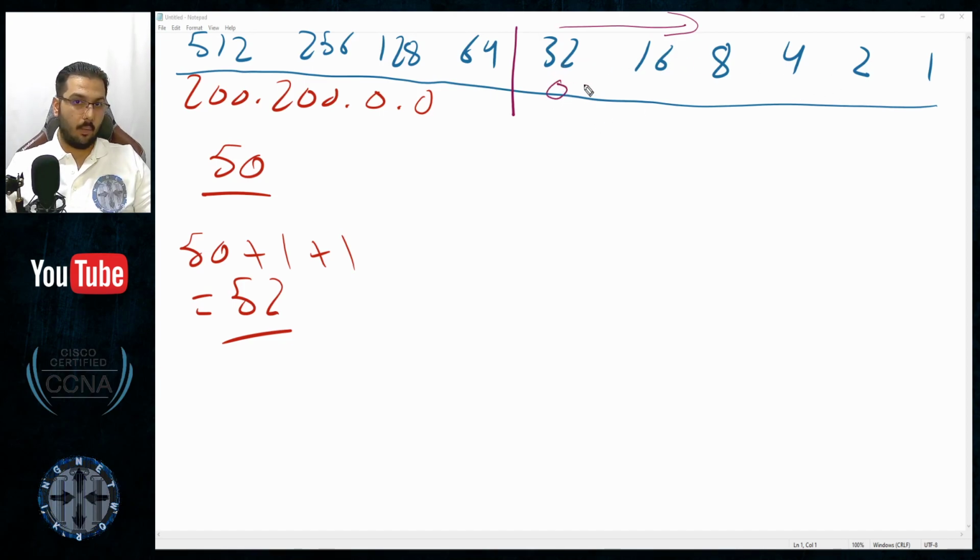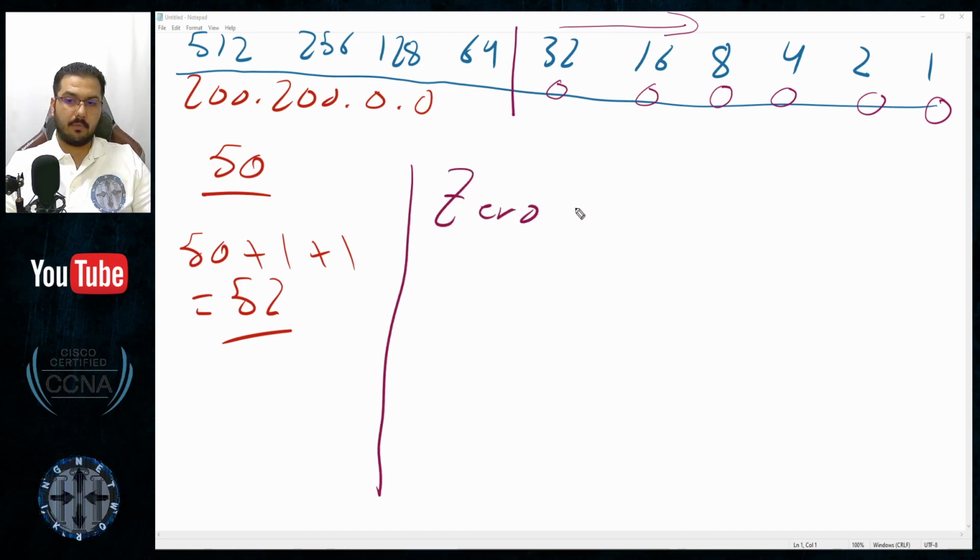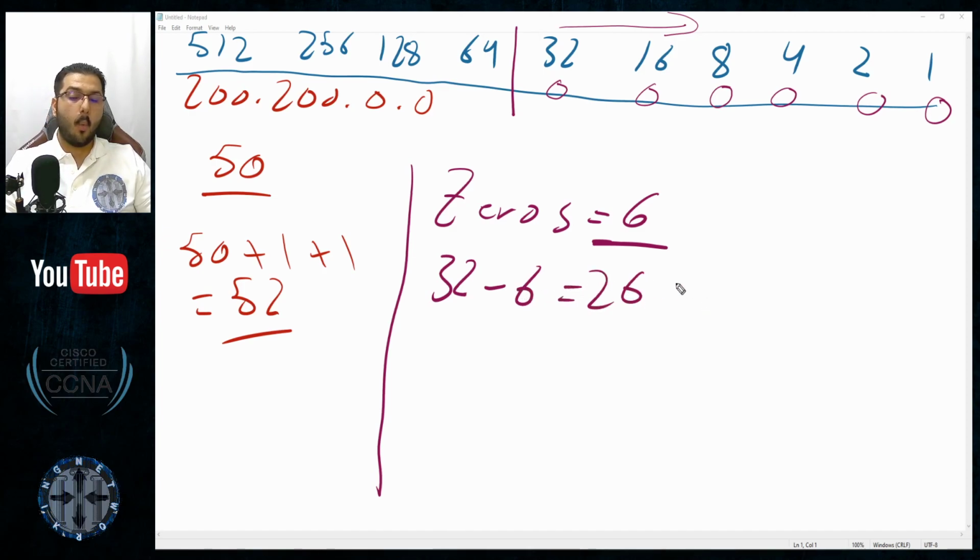So a 0, another 0, a third, a fourth, a fifth, and a sixth 0. That means I have 6 zeros. The total of the subnet mask is 32 bits minus 6 zeros, equal to 26 ones. So yes, the subnet mask should be /26.